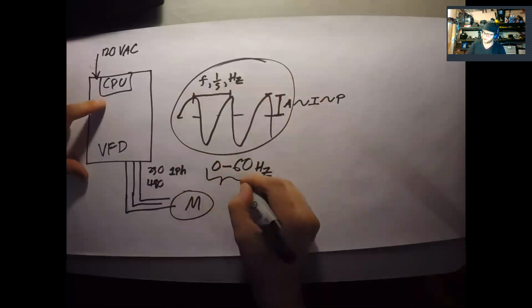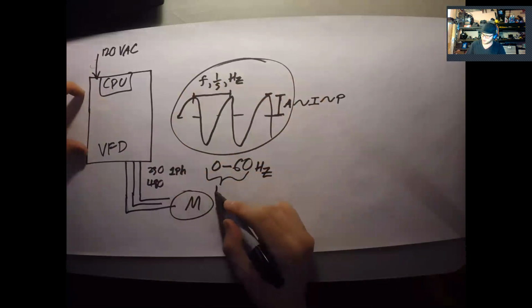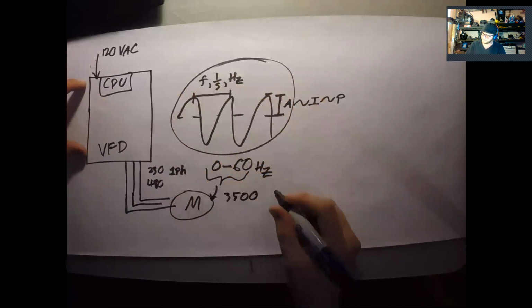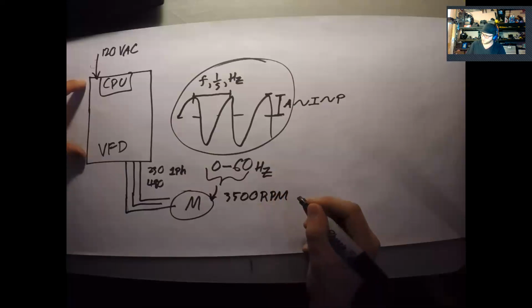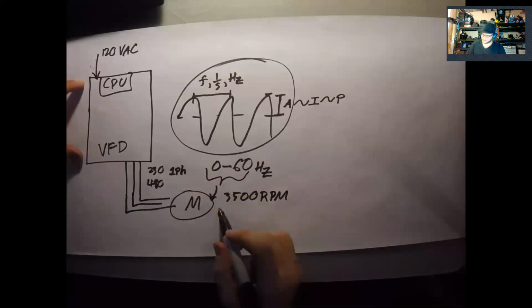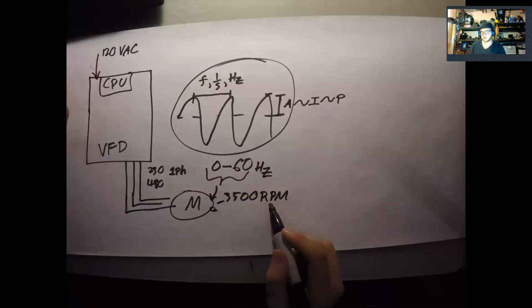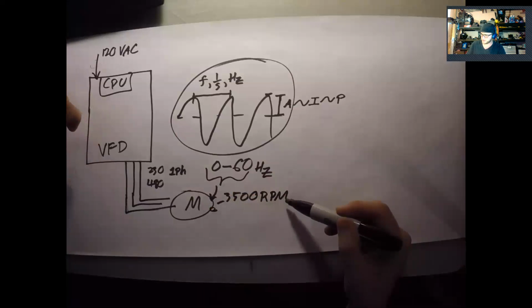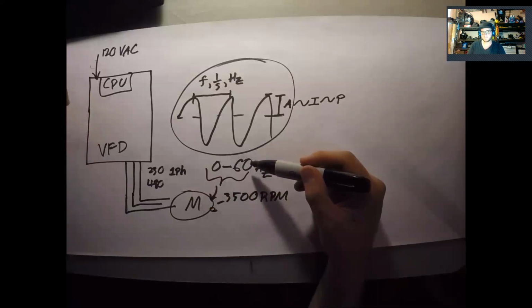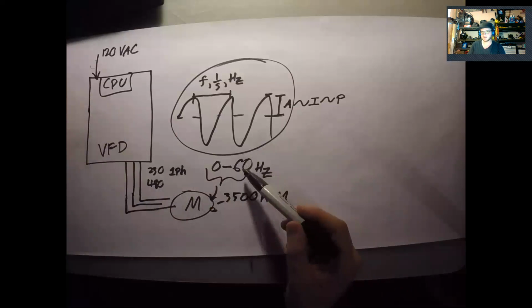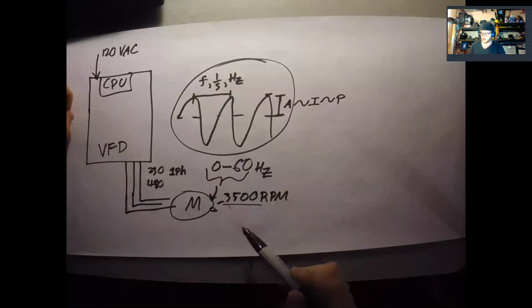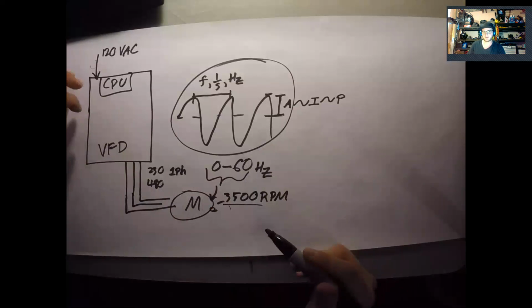Okay, and so as I mentioned before, you'll have 0 to 60 hertz. And this is really an analog value because depending on your motor, if your motor is rated for 3,500 rotations per minute, well, that's 0 to 3,500 RPM, and that's directly scaled to your 0 to 60 hertz output. And so if you dial this VFD all the way up to 60 hertz, your motor should spin at 3,500 RPM, okay?